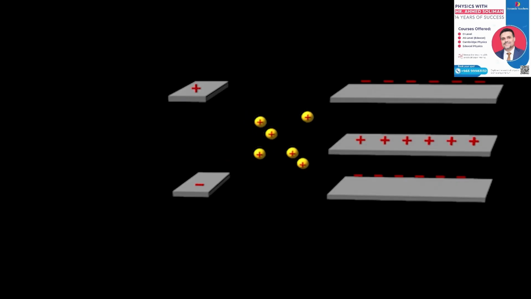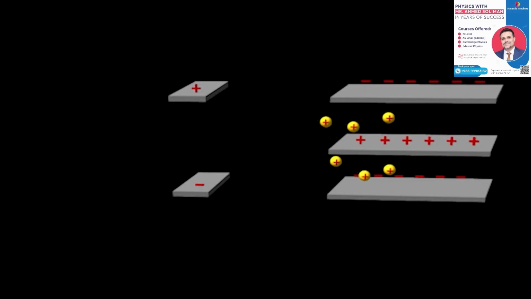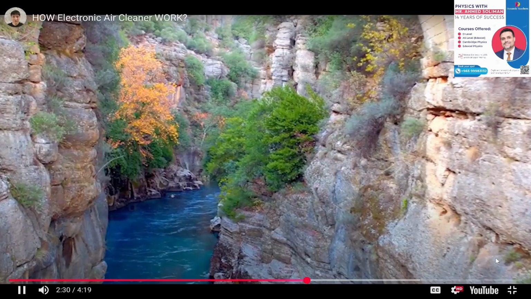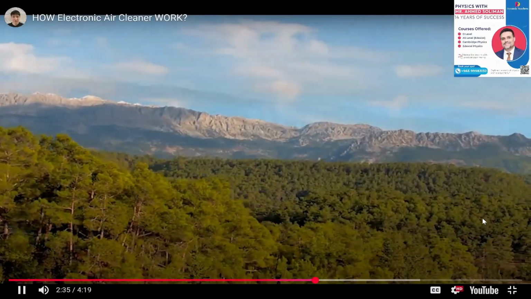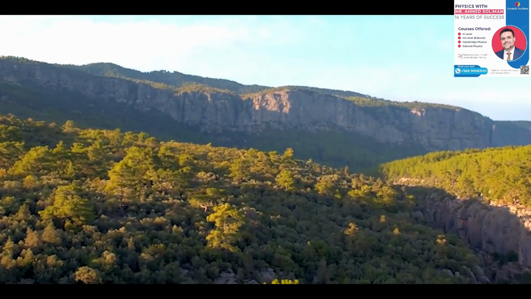The positive and the negative electrodes. The positive electrode attracts negatively charged particles. The negative electrode attracts positively charged particles. So the dust that comes inside the air purifier, negatively or positively charged, is attracted by the electrodes and thereby being trapped inside. The air that is free from the electrical charges is then released back in the environment as a clean air. The air now has been cleaned and purified.